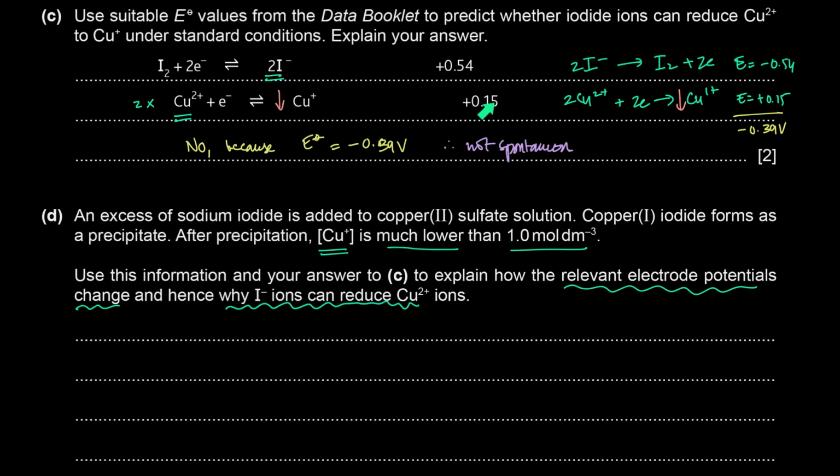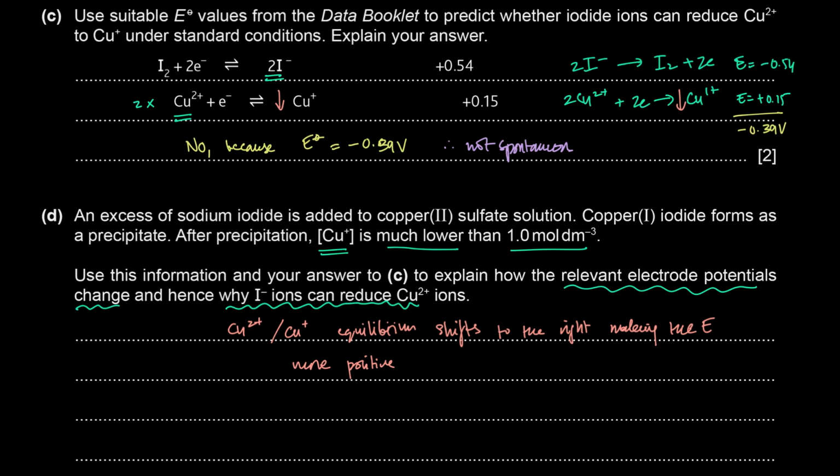So then what happens to the E naught for this electrode? The Cu2 plus / Cu plus equilibrium shifts to the right, making the E more positive for that reaction. If this keeps on becoming more and more positive, what happens to the overall EMF?